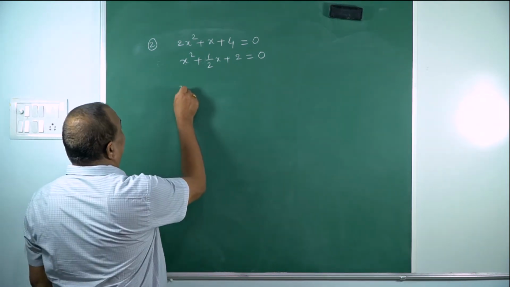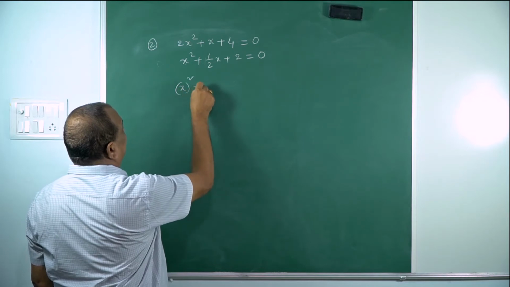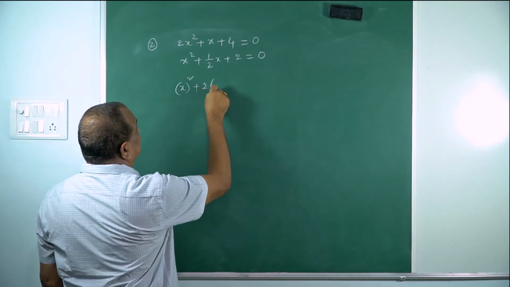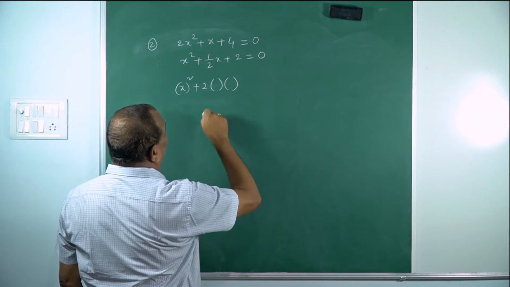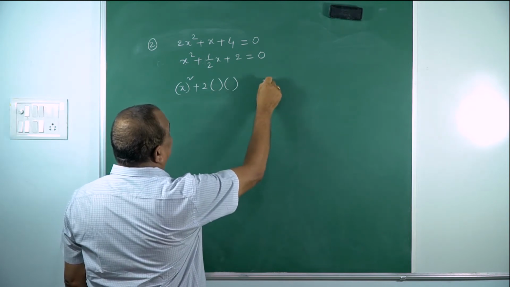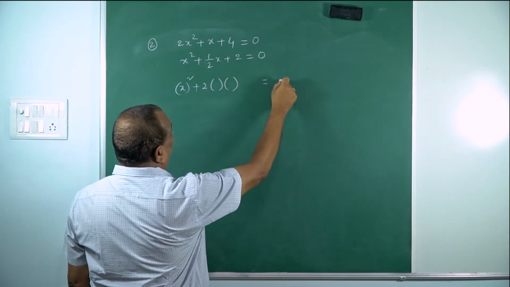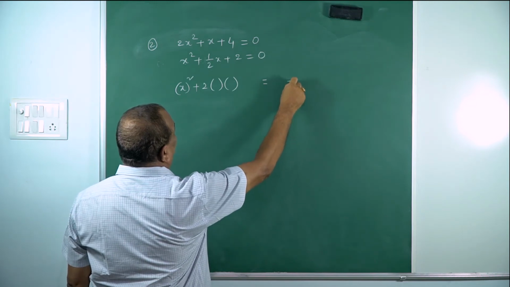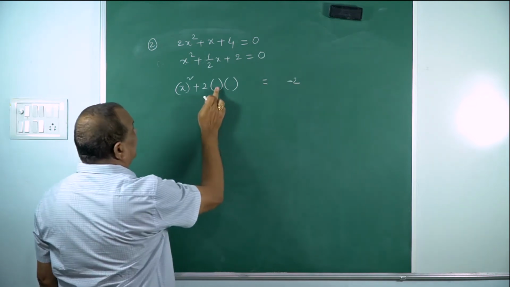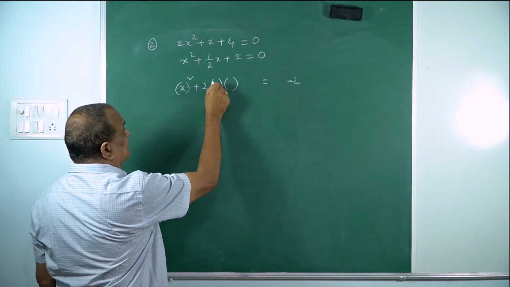I have x square, x whole square, 2 into p into q I have to write here now, and it is equal to, this plus 2 I don't want there, so it goes as minus 2. Now tell me what I have to put. This bracket will come here, x.